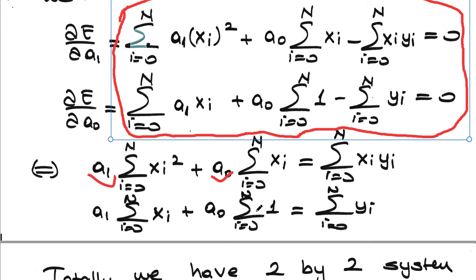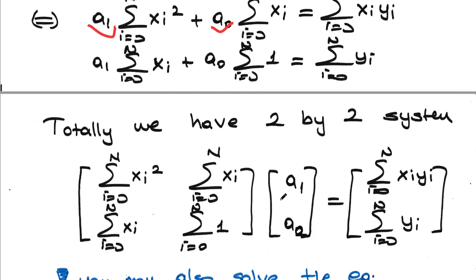This is important because students are generally confused about the summation of 1, but do not forget, it is just adding 1. How many times? It is up to your data set. How many points do you have in your set? It means that n plus 1 times 1 will be added to each other. That's all.